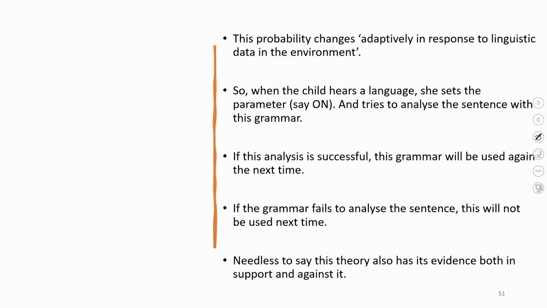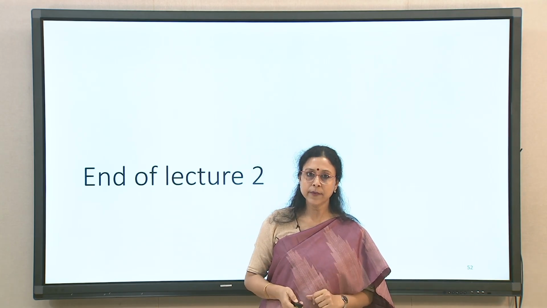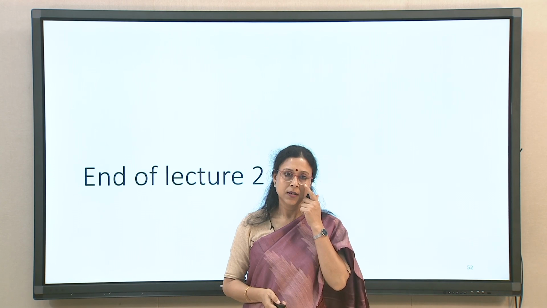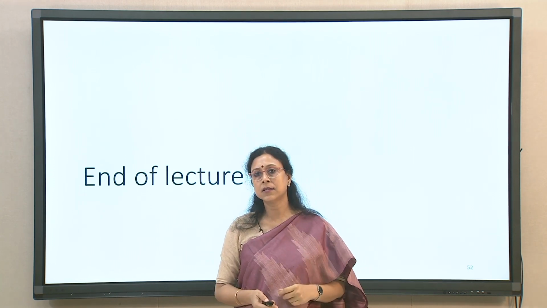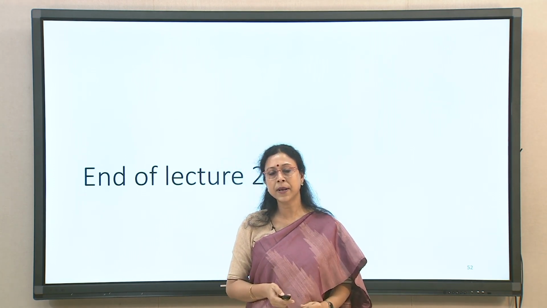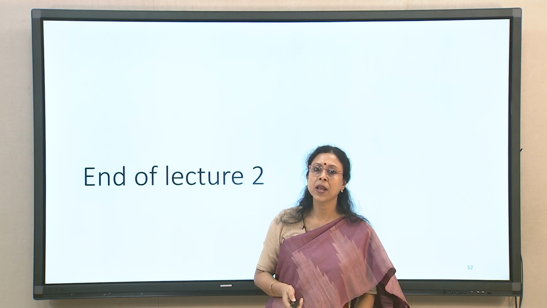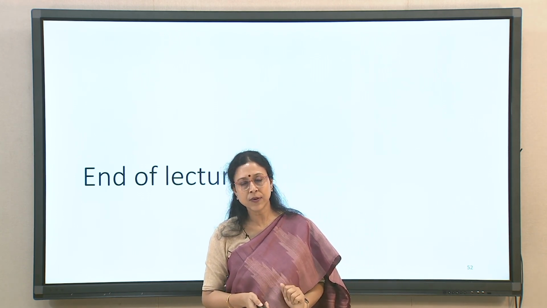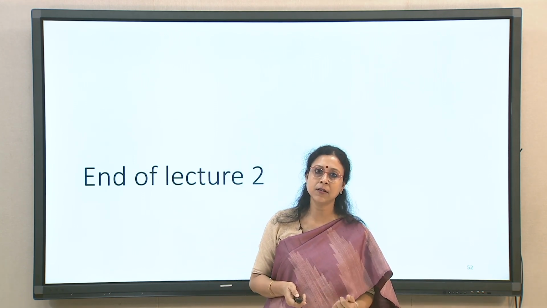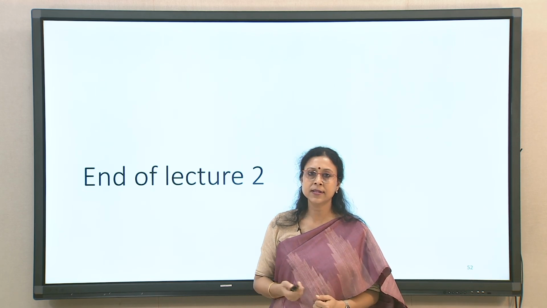But needless to say, this theory also has some evidence in support, but also many against it. So, this is where we will complete this lecture. In this lecture we looked at the different kinds of errors that children make and how nativist theory explains them, primarily in two domains. We have talked about the atom theory and also the variational parameter setting theory.